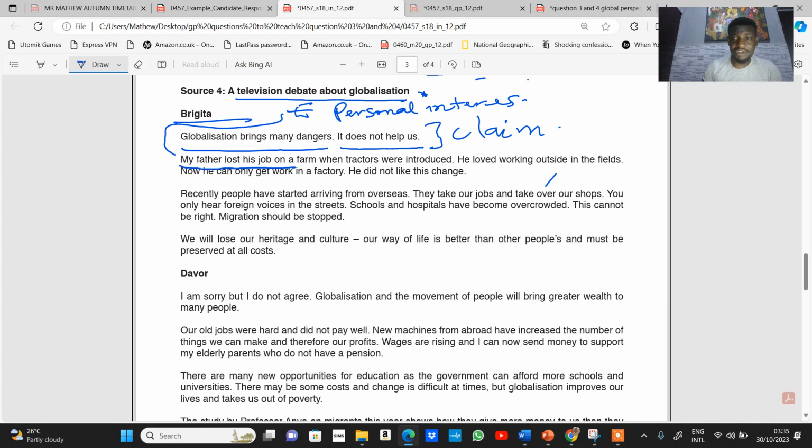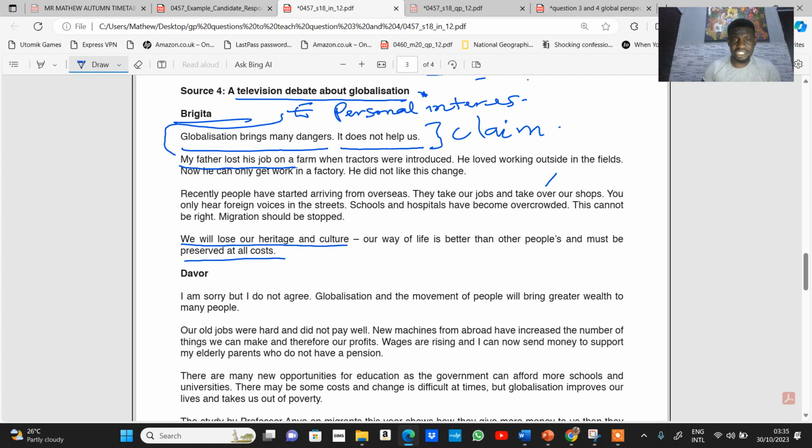This cannot be right. Migration should be stopped. We will lose our heritage and culture. This is a prediction, and also a value judgment. Our way of life is better than other people's and must be preserved at all costs.